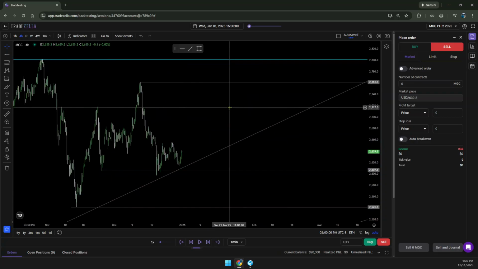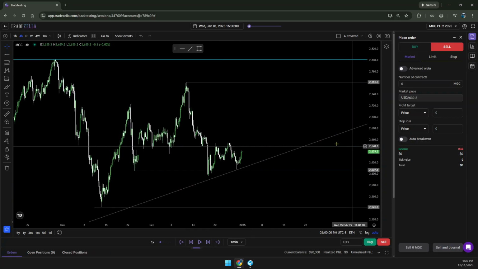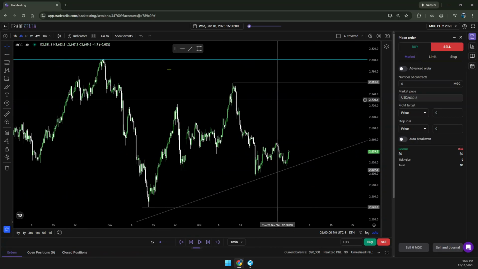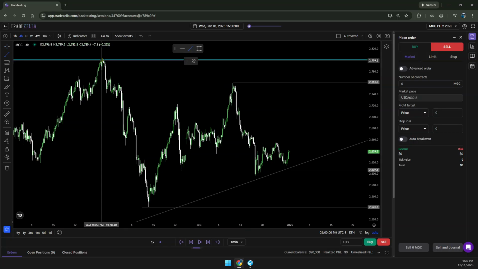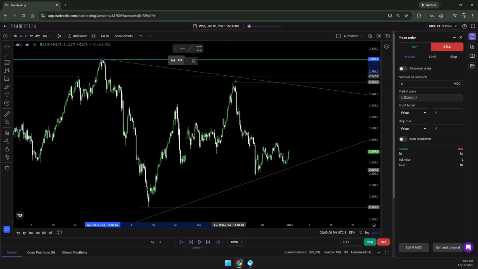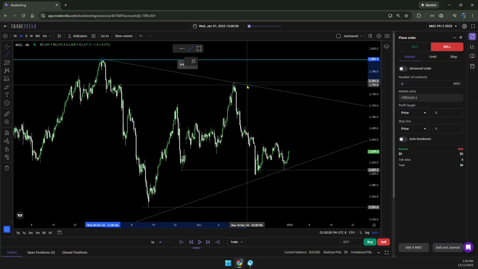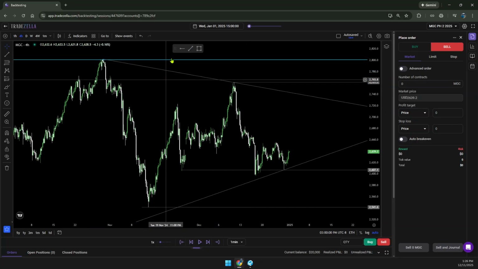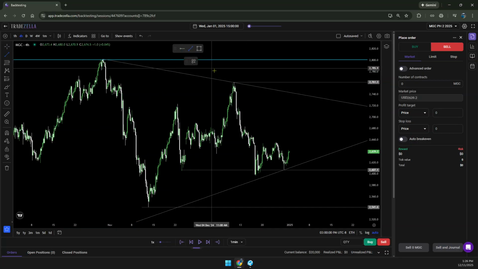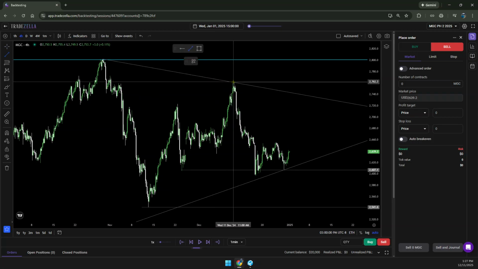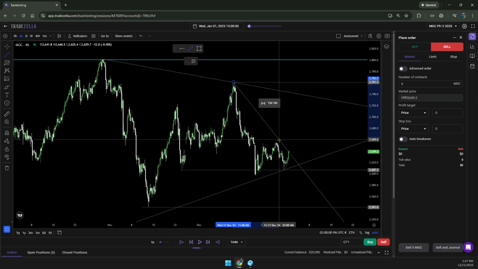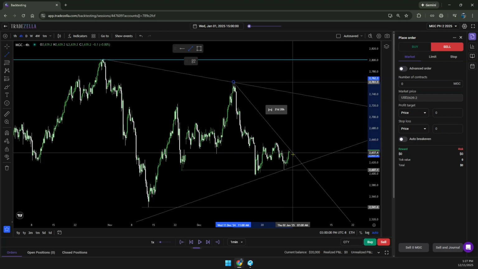There we go. All right, do we got any downtrend lines here in the 4 hour? Just before we get started, I'm going to try and take a trade. I'm just going to take a random one for now so that I can go into the journaling portion of this.